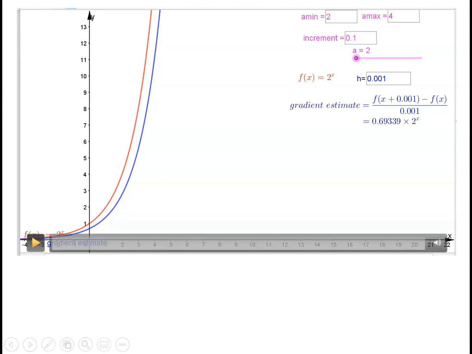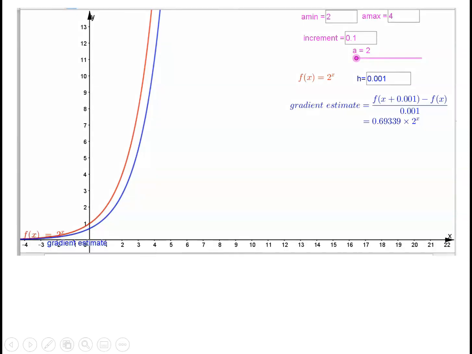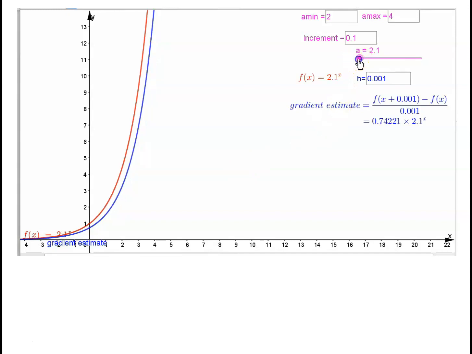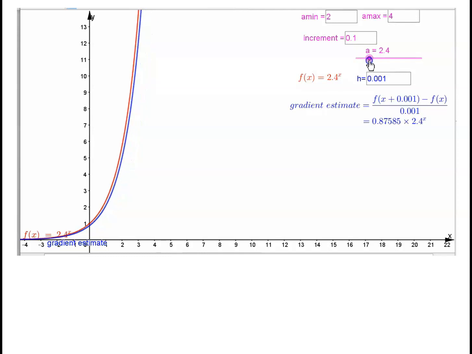Now if we start the video off at this point, what we're going to do is change the value of a. And as a gets bigger, you can see that the blue curve is getting closer and closer to the red curve. And at 2.6 it's very close, 2.7 it's also very close.